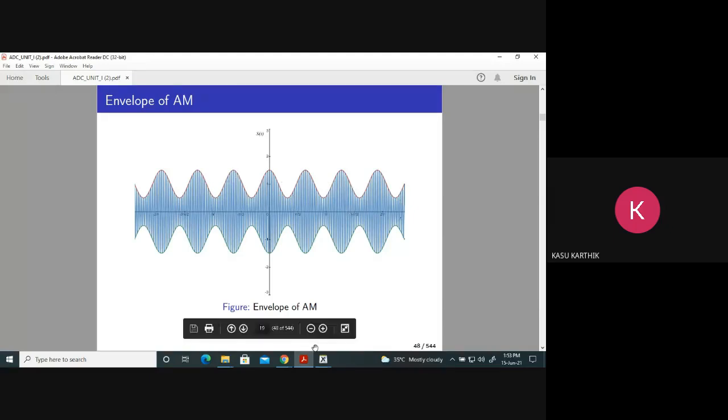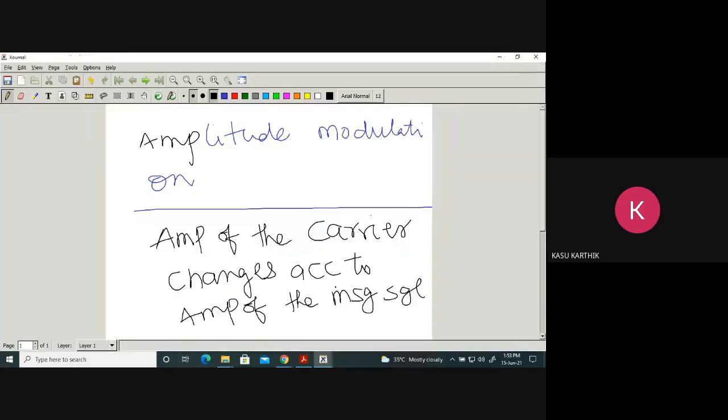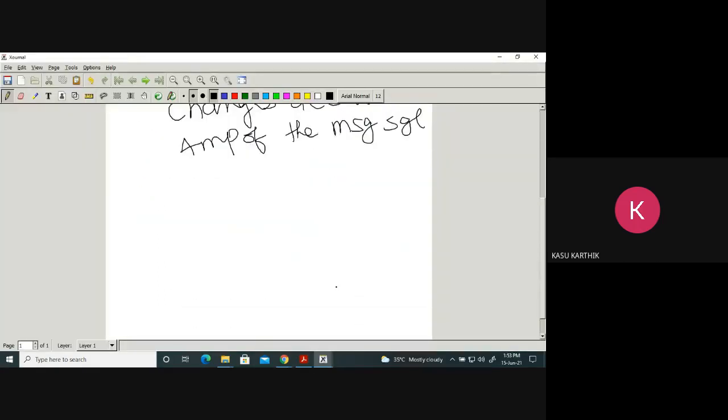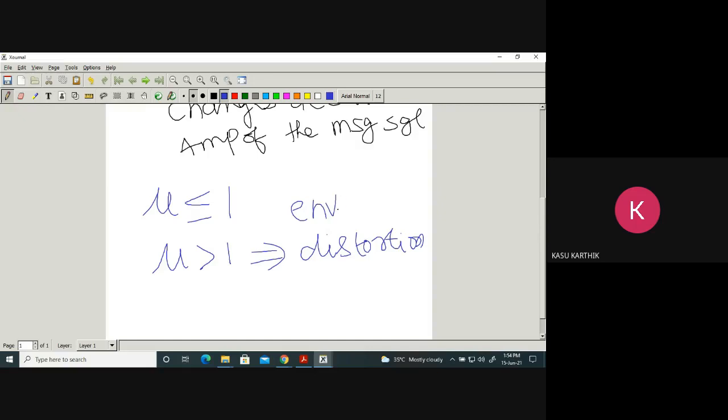Here we have something called mu. What is mu called? It is called the modulation index, or also the depth of modulation. Typically mu should be less than or equal to 1. If mu is more than 1, what do you get? You get distortion, envelope distortion.